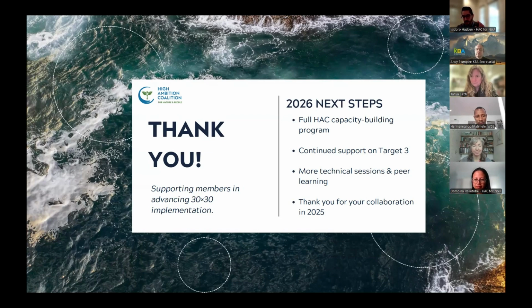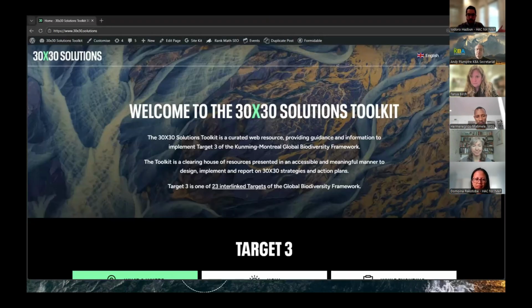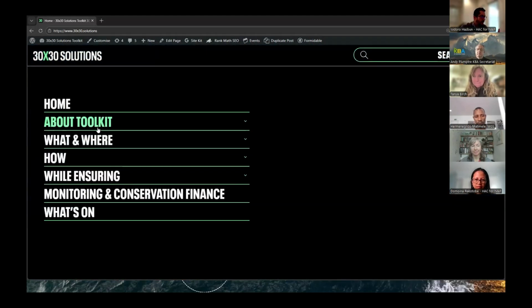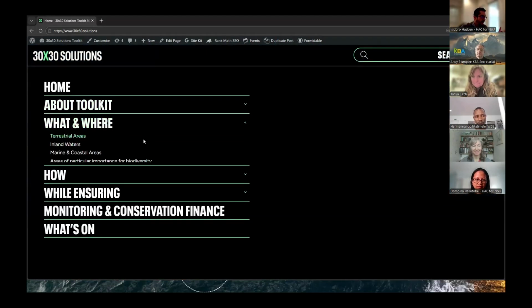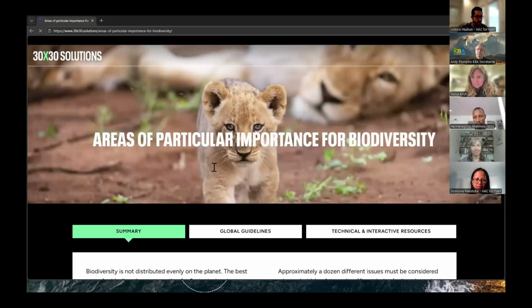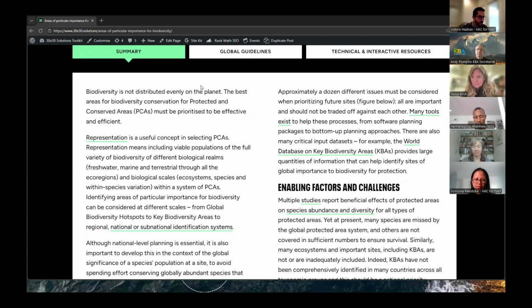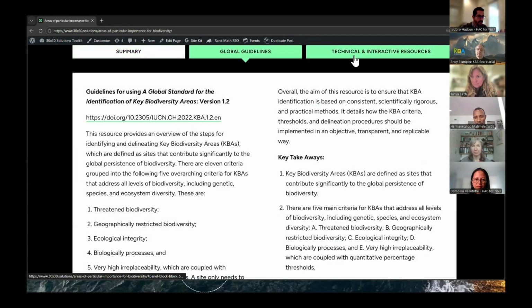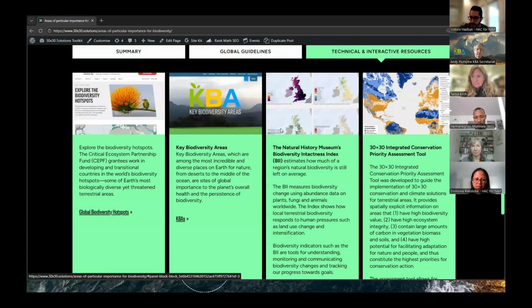But before I end, just want to highlight, we have an updated 30 by 30 solutions toolkit. This is in collaboration with TNC and IUCN WCPA. And here we have also an updated space on areas of particular importance for biodiversity, where we highlight a summary, global guidelines, and we have a set of interactive resources.